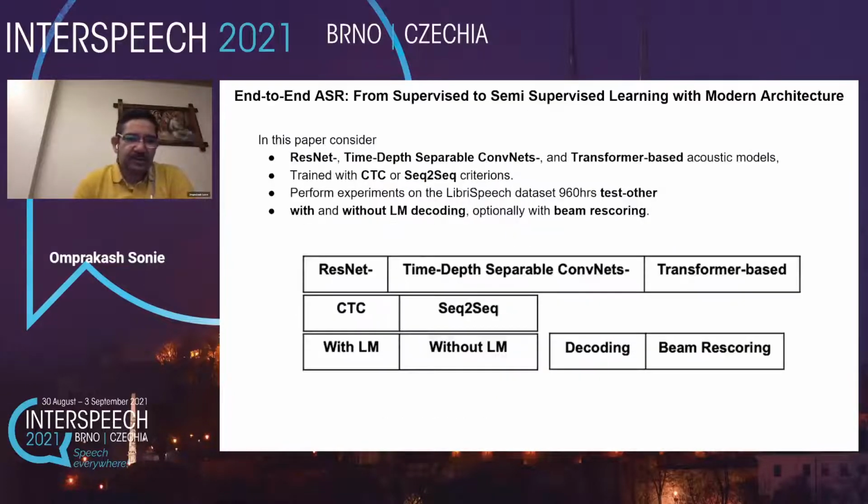Basically, this paper has explored a lot of various acoustic model architectures, which include ResNet, separable convnets, and transformer based. As I mentioned earlier, I was talking throughout about the CTC criterion, but they compared CTC with the seq2seq criterion.